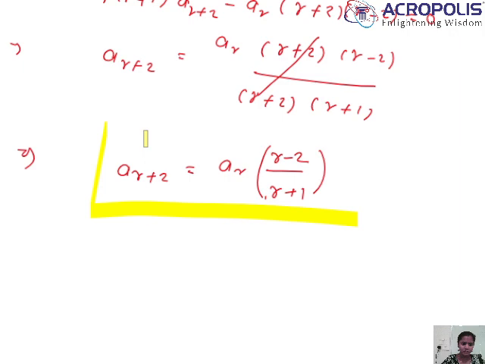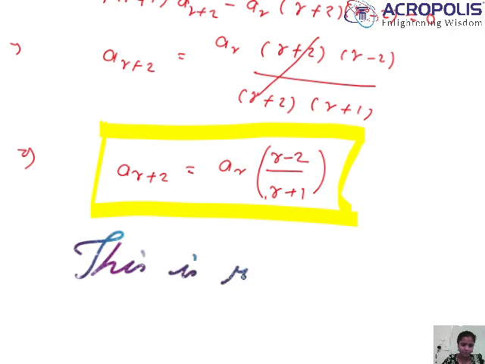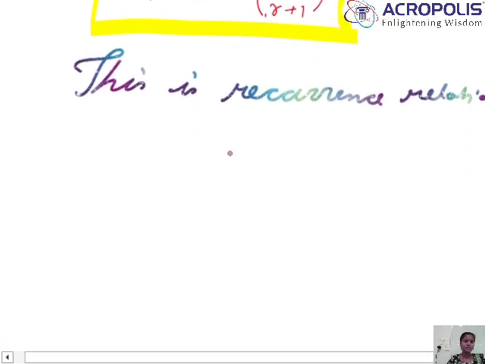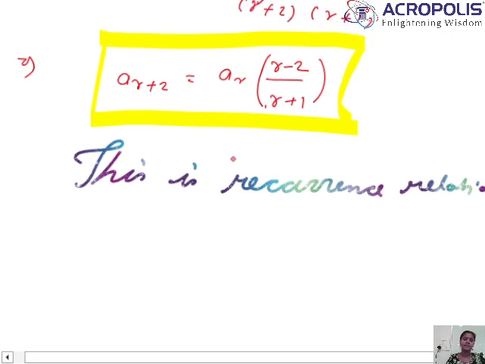As I told you, this is called a recurrence relation for the given differential equation. This recurrence relation helps to find the successive values of a3, a4, a5 and so on.